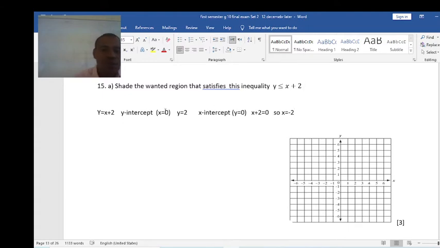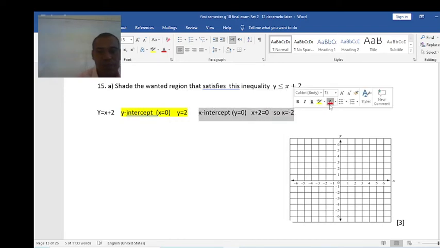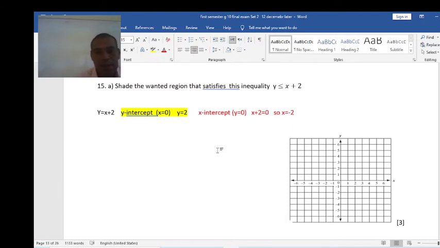Okay? We found the first. So this is the point when the curve cuts the y-axis, and this is when your curve cuts the x-axis. Then you will graph this one.